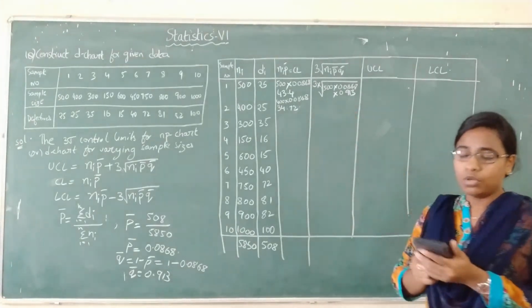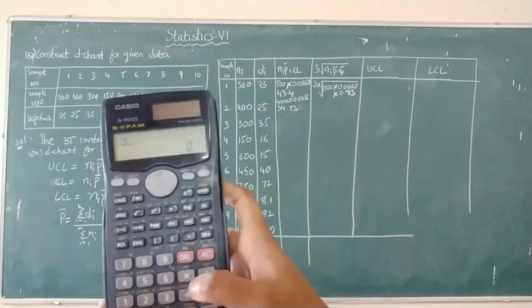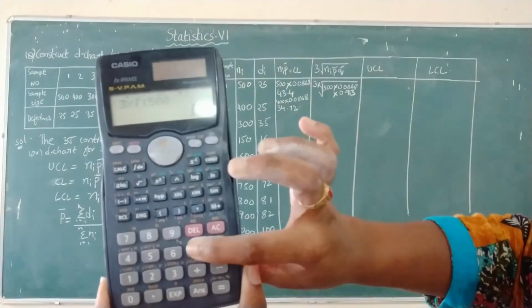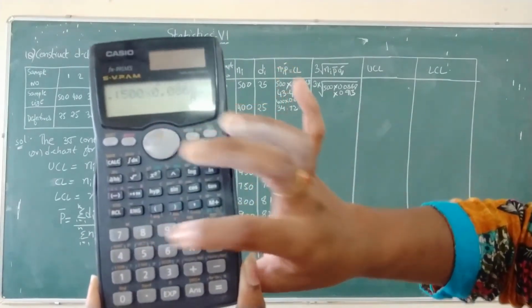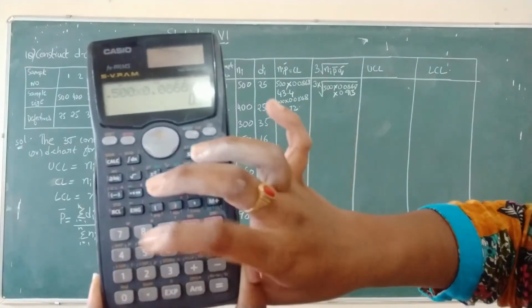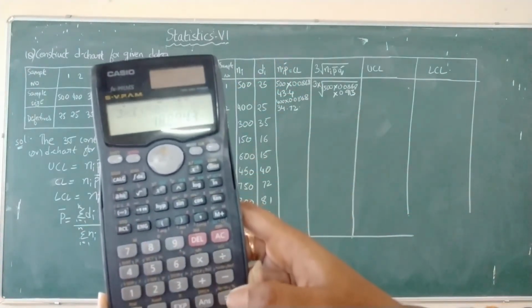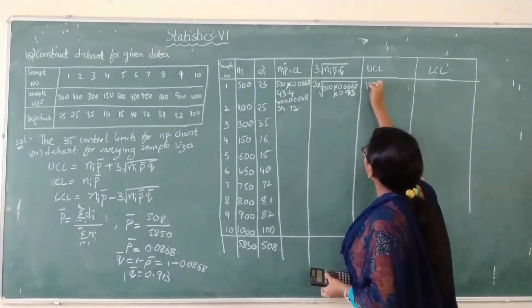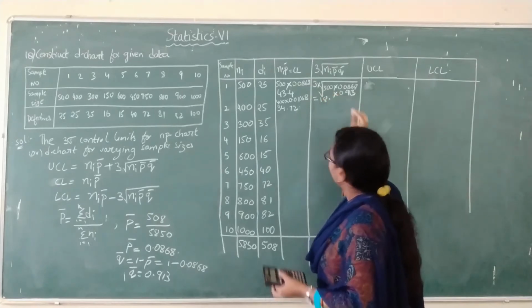Similar to the previous problem I have shown you, I have to calculate this one: 3 into under root, open the bracket, first 500 into P bar 0.0868 into Q bar 0.913, close the bracket. You will get the answer as 18.8843.